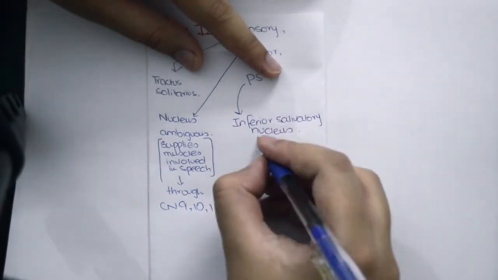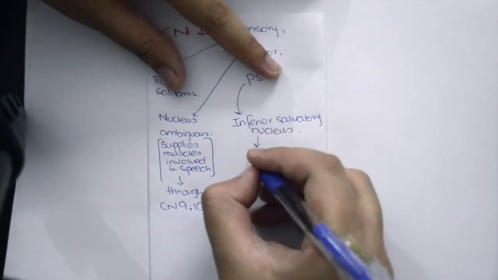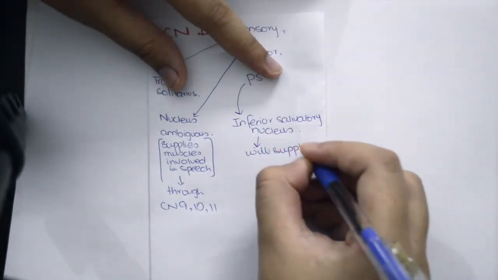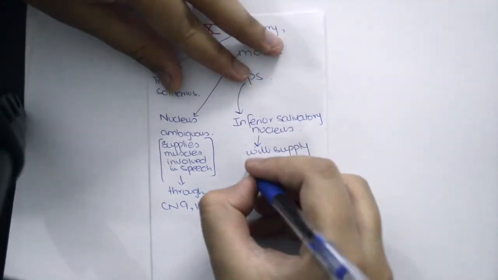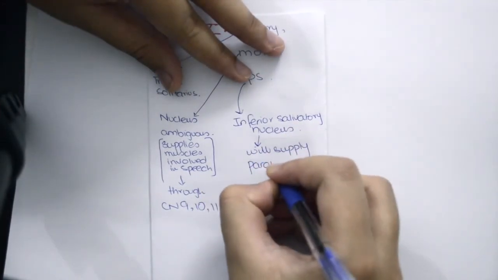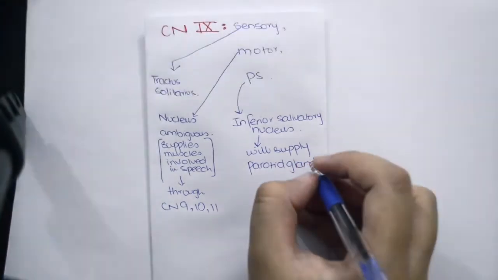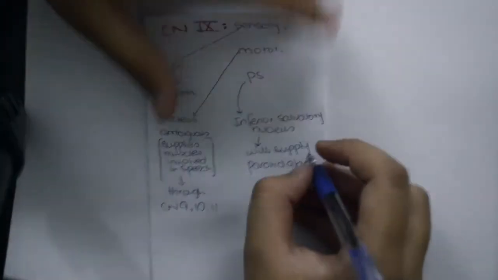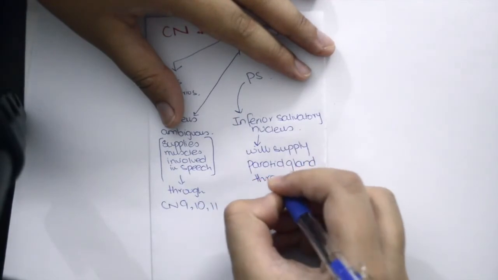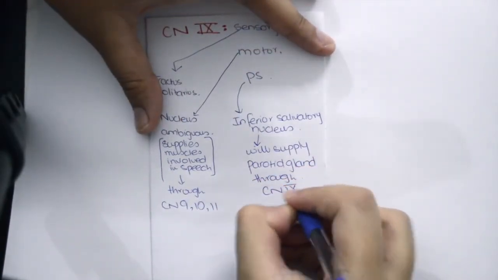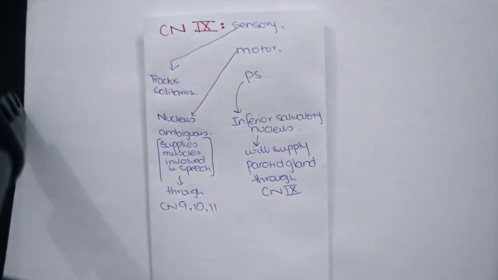This nucleus, the inferior salivatory nucleus, supplies the parotid gland through the glossopharyngeal nerve, through cranial nerve 9, that is the glossopharyngeal nerve.